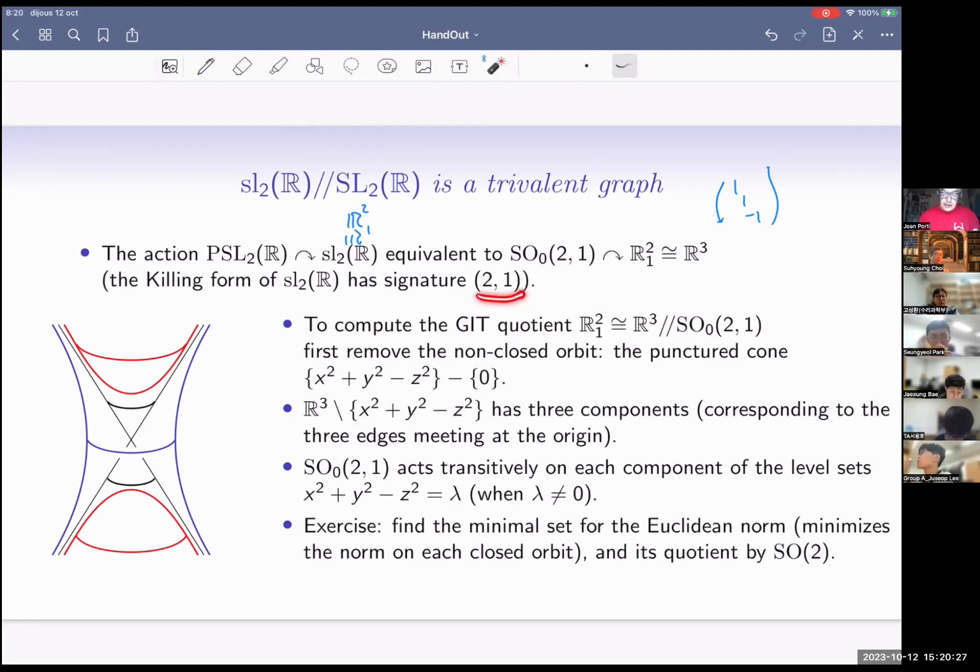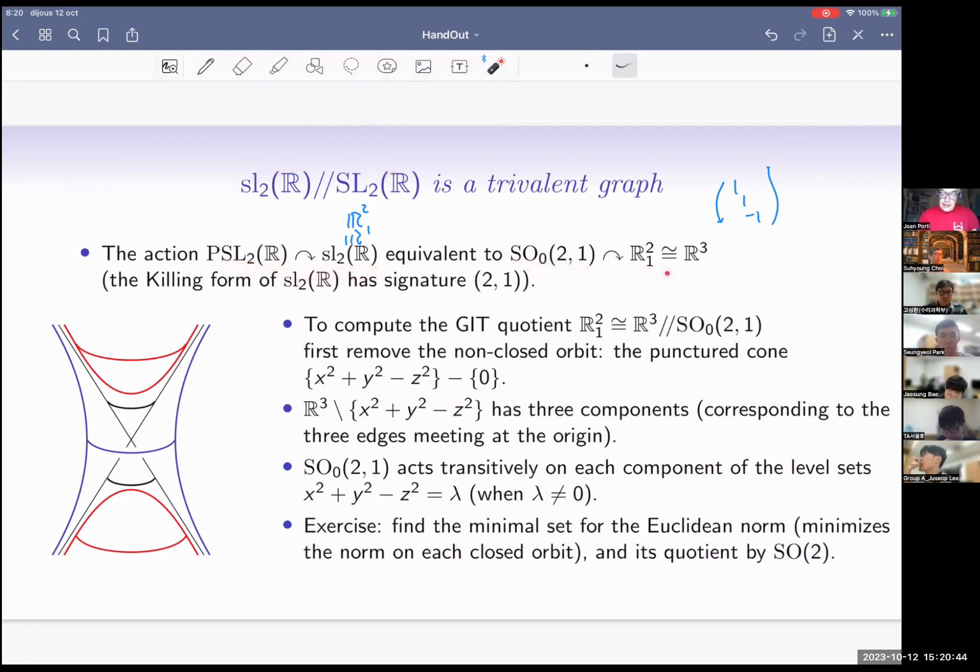Okay. In fact, if you think of infinitesimal translations and infinitesimal rotations, there are many things to say about that. So the first thing that you need to work out is that this action is equivalent to that one, if you want to understand this quotient.